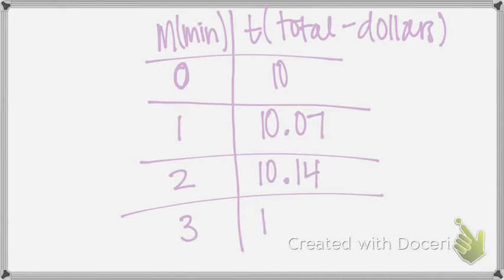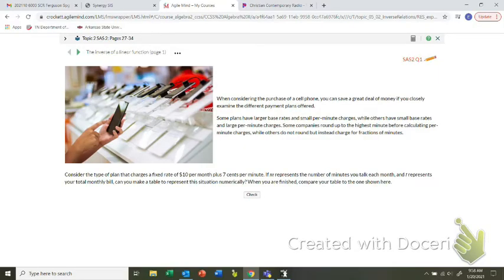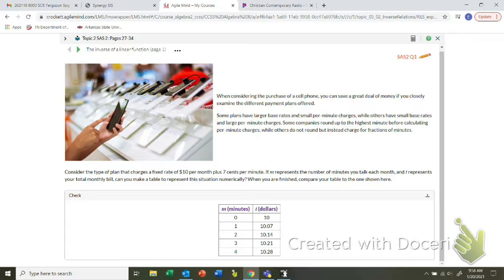And if I use 3 minutes, it's going to cost me $10.21. That chart will just keep going and going. So you're basically counting by sevens for each minute. Okay, 7 cents per minute. Now, if you click your check button on your computer, it will show you the same chart.